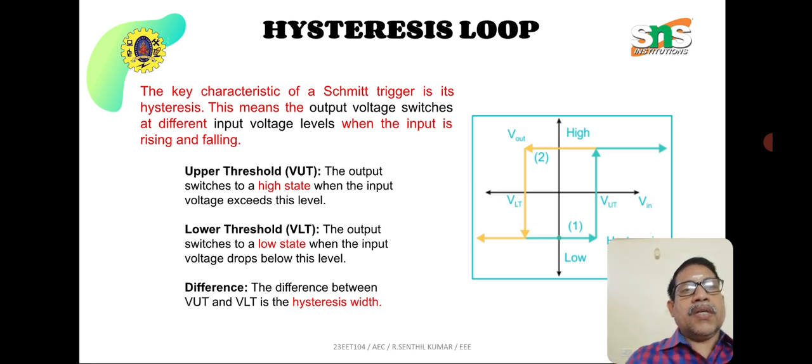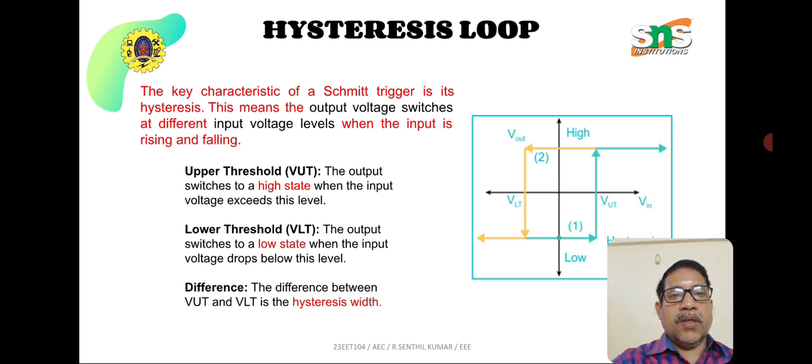This is represented in the BH curve as the yellow line, which goes from high to low, and the green color represents low to high. Therefore, the difference between the upper threshold voltage and the lower threshold value gives the hysteresis width, the width of the hysteresis loop.